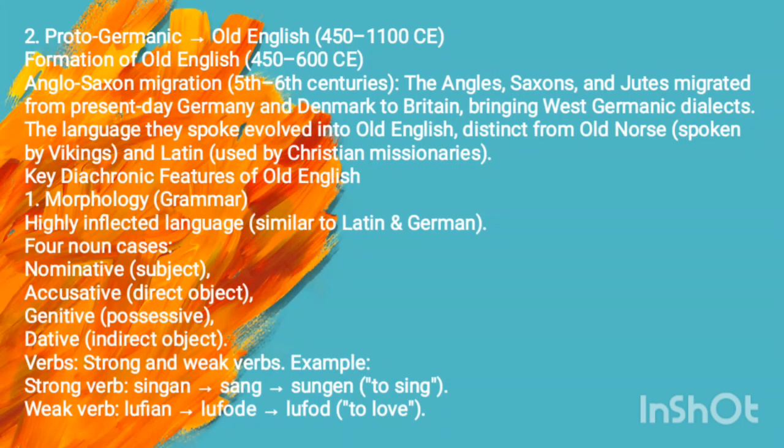The second one is from Proto-Germanic to Old English, which starts from 450 to 1100 CE. That is the formation of Old English, formed in 450 to 600 CE.